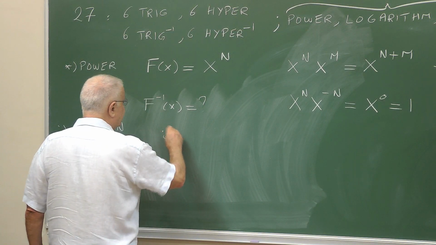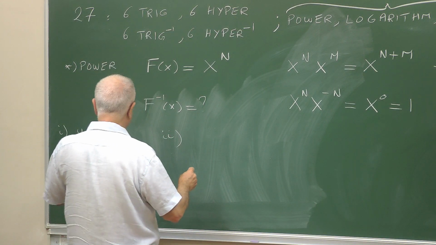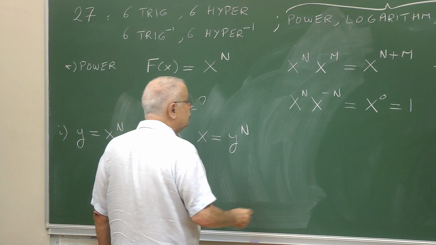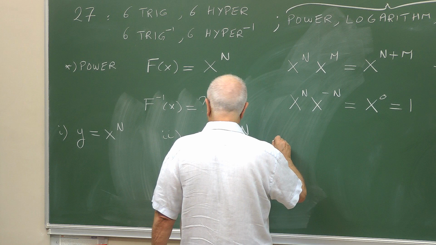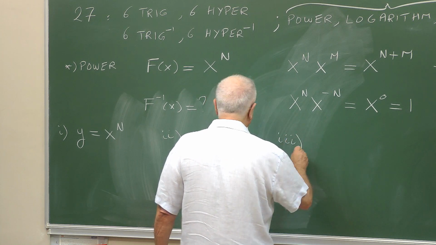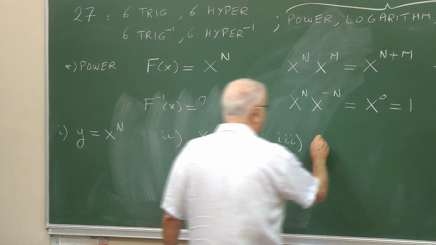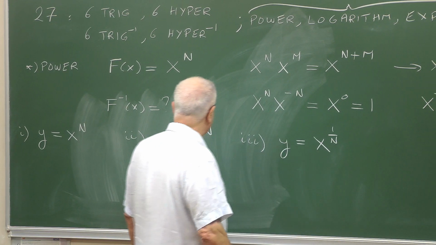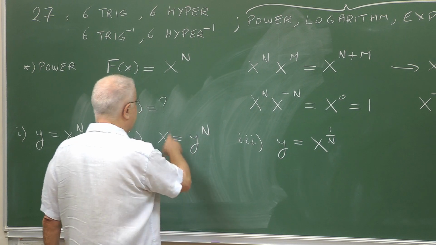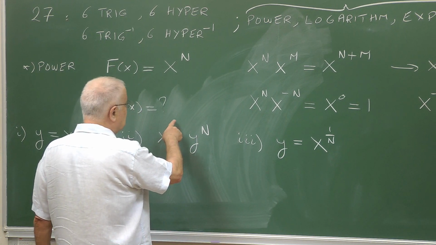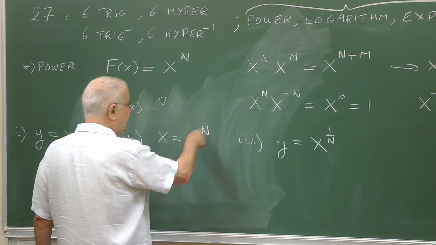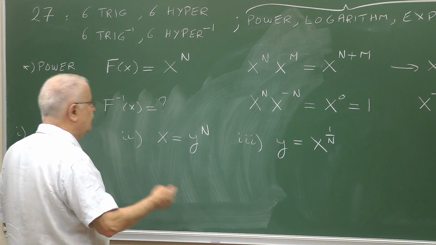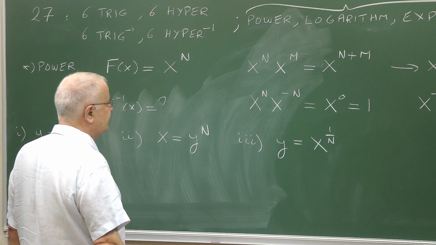My second step is exchange x and y, x equals y to the n. Then the third step is to solve for y. y equals x to the 1 over n. Because if I take the power of 1 over n, x to the 1 over n and y to the n to the 1 over n, obviously I'll get y to the n over n, y to the 1, y.